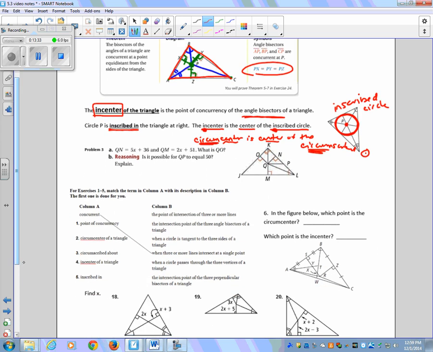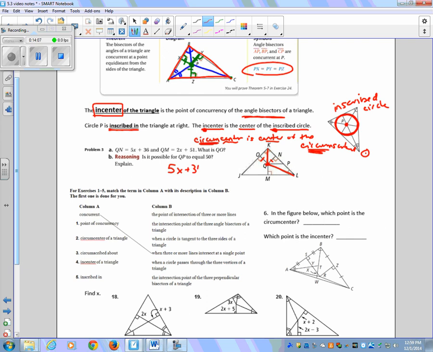Okay, so we could be given problems where we solve for x, knowing that in this diagram we have the angle bisectors drawn. If QN is 5x plus 36 and QM is 2x plus 51, what is QO? Well, we can solve for x because since we know this is where the angle bisectors intersect, then we know that these distances are the same.